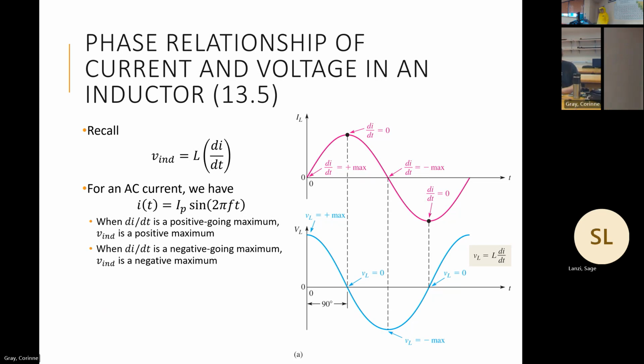So we have that cosine graph related to the voltage across the inductor. And again, with the chain rule, you'll have IP times 2 pi frequency that we just typically call VL numerically. So VL is equal to IP times 2 pi frequency.